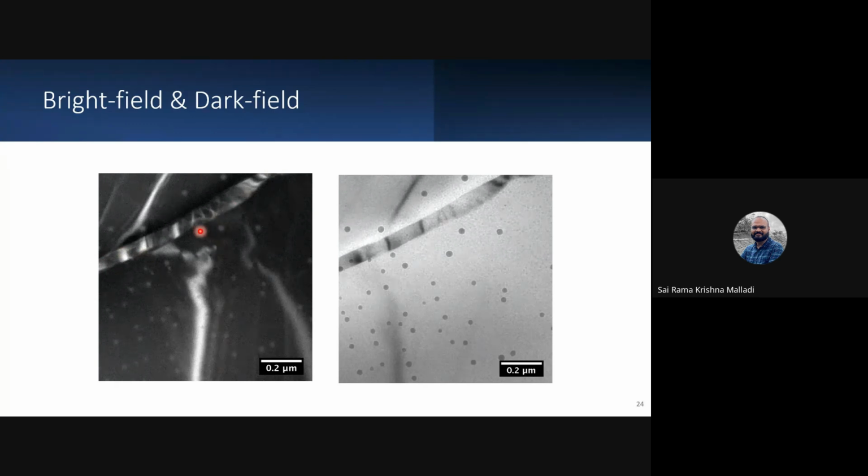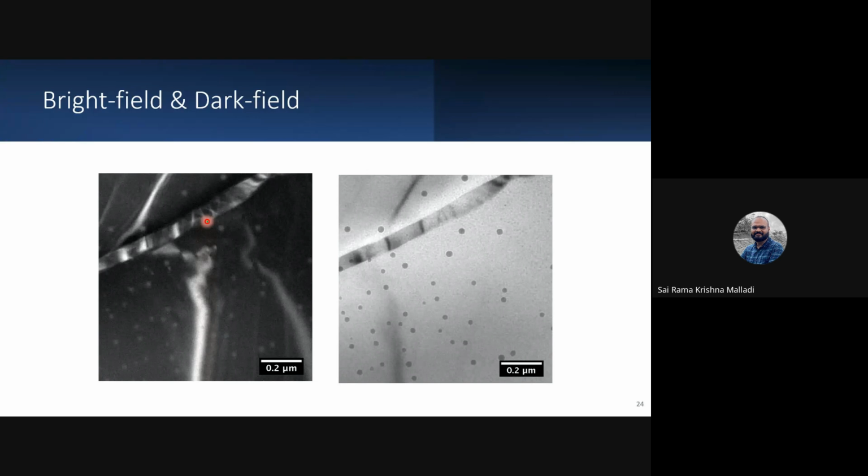But what you can notice is there are a few additional features which are not very evident over here, which are appearing more predominantly in this particular mode of imaging. Okay. So when I'm trying to look at some kind of defects inside the sample, if you look at any material, any kind of a sample that is used in an electronic circuit, there are certain defects which are formed, like dislocations or grain boundaries.